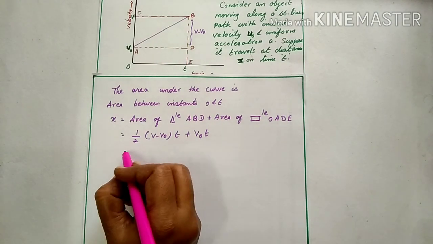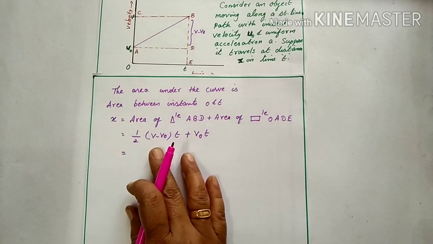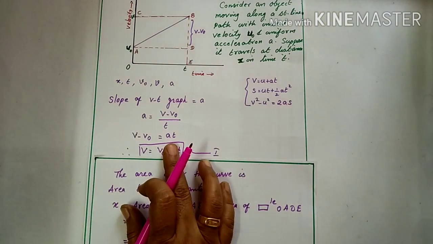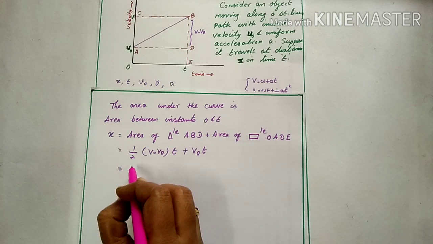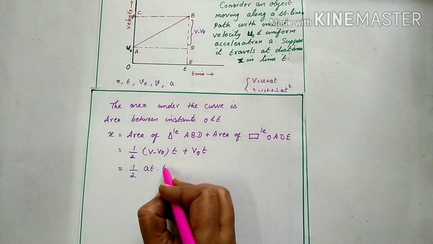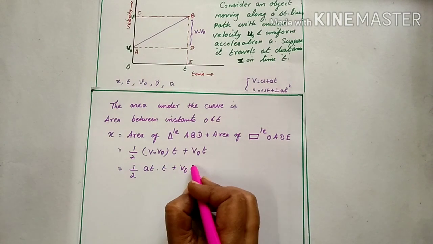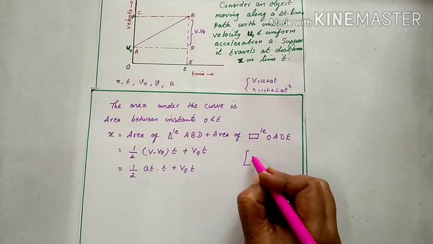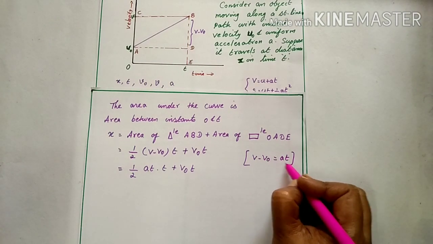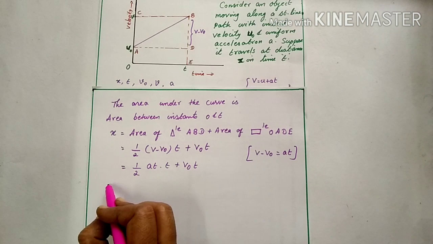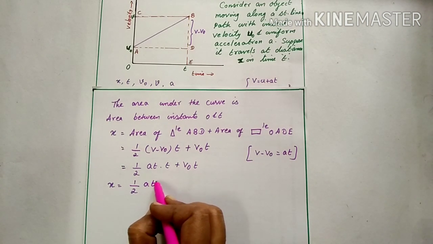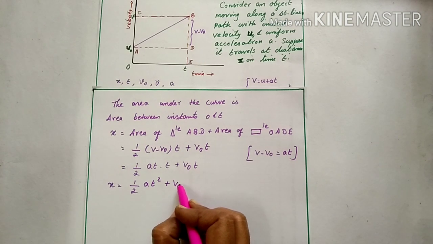Then, from the first equation, v minus v0 equal to at. So we can substitute here half into at into t plus v0t. Then we can rearrange the equation, that is x equal to half at square plus v0t.